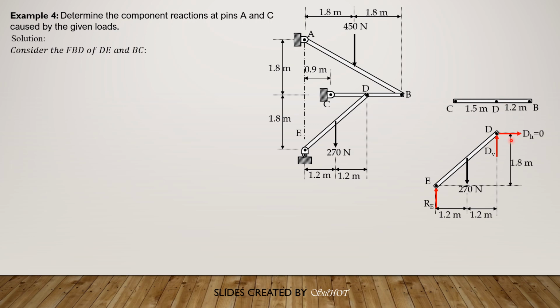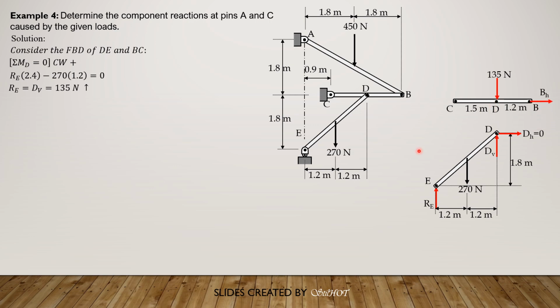We transmit the vertical reaction at D, so it is now downward. We sum up moment about D to solve for R_E, considering this free body diagram first. So R_E times 2.4 minus 270 times 1.2 equals 0. So R_E is equal to D_V, also if we sum up forces vertical, equals 135 newtons upward. Then we transmit that 135 newtons upward at D.